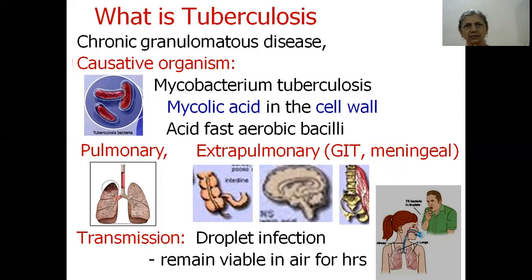You may just pass through the air where this event has happened. The TB patient has sneezed or coughed without taking due precautions, and the bacteria would still be there in the air, and you may inhale them and catch the infection. Whether you develop the actual disease or not, that's another question. We'll discuss it later.